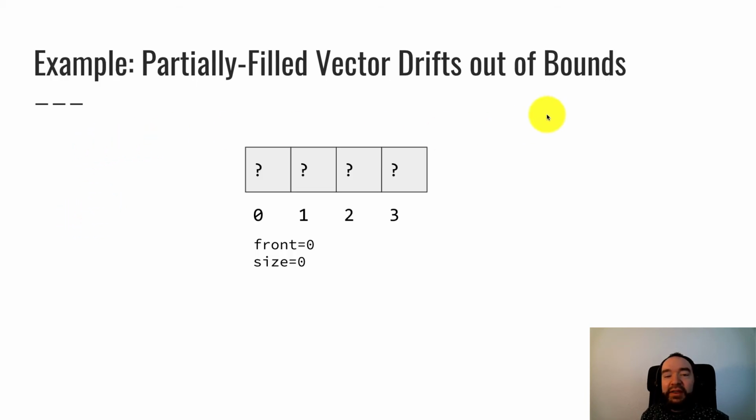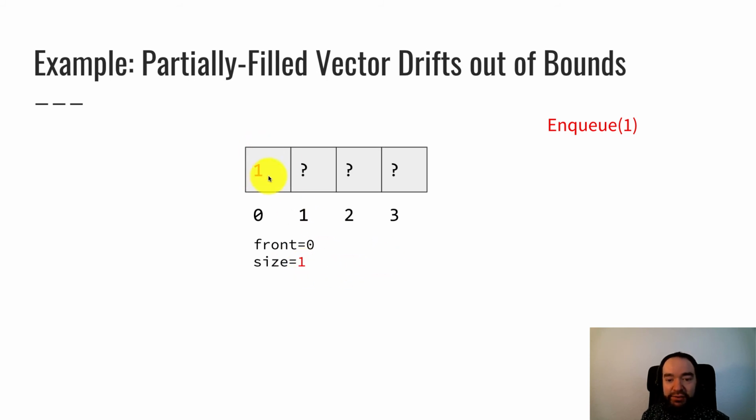Let's see an example of why that happens, just to be clear about this. So I'm starting with an empty partially filled vector. My front is at index 0. The size is 0 right now. I NQ 1, and so what that does is calculate front plus size, which is 0 plus 0 makes 0. We add the 1 value at index number 0 of the vector and increment size to 1.